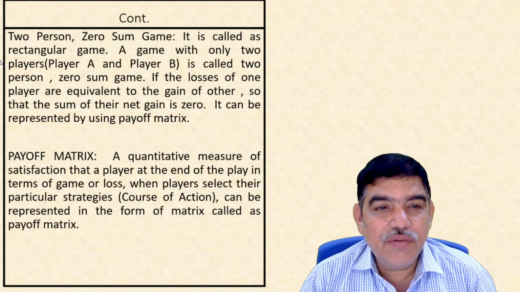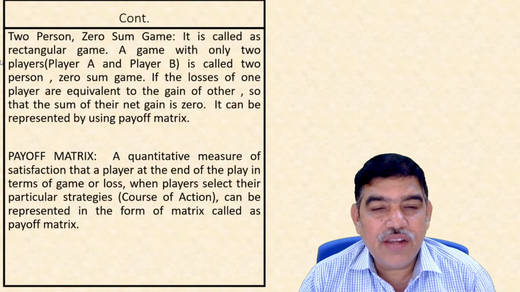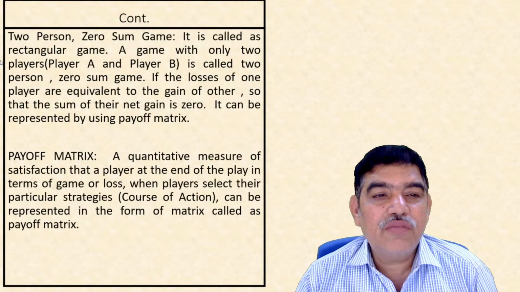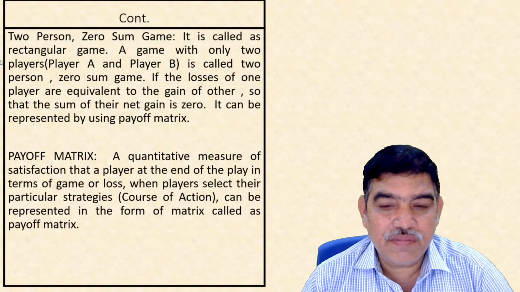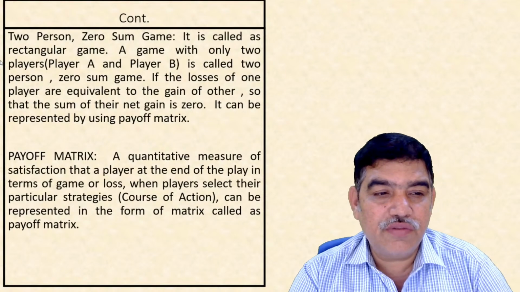If you add these and they are not equivalent, then that is not a zero-sum game. If it is equivalent, then it is called a zero-sum game. The net gain is 0.